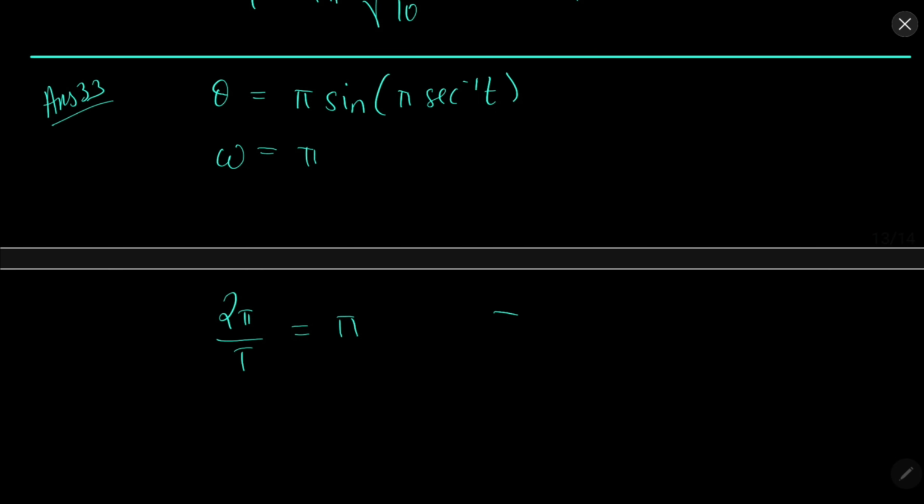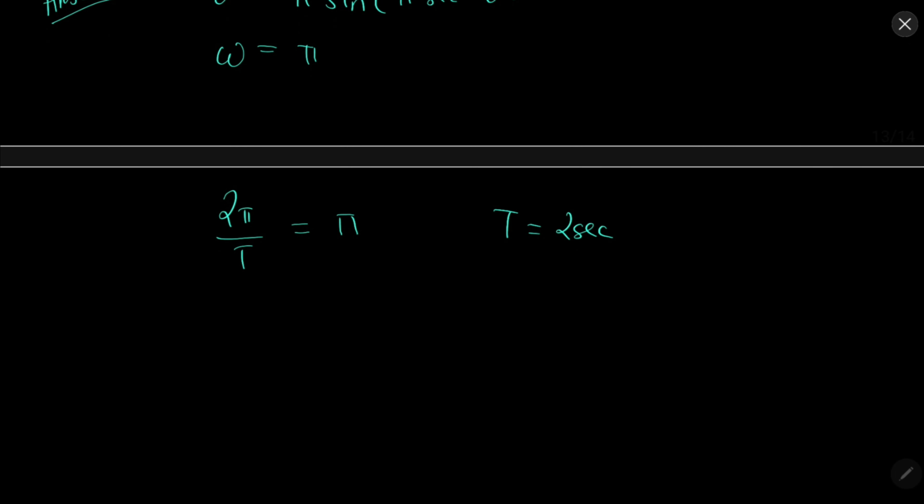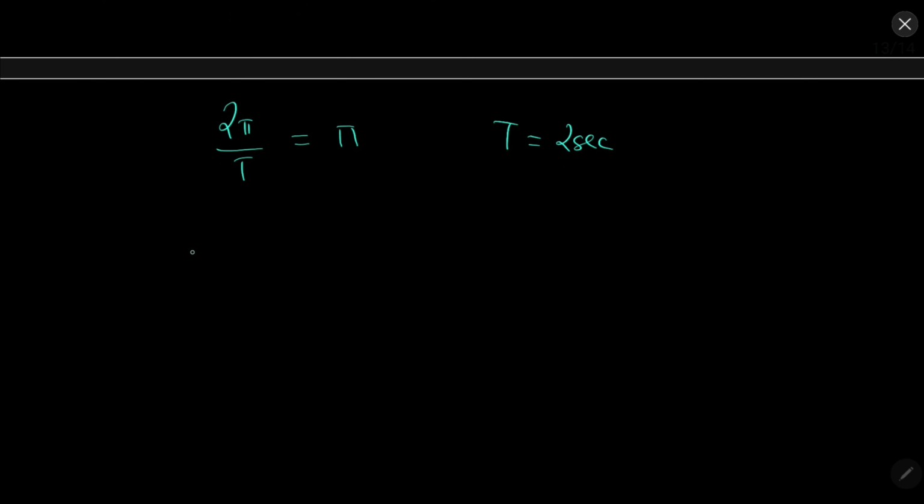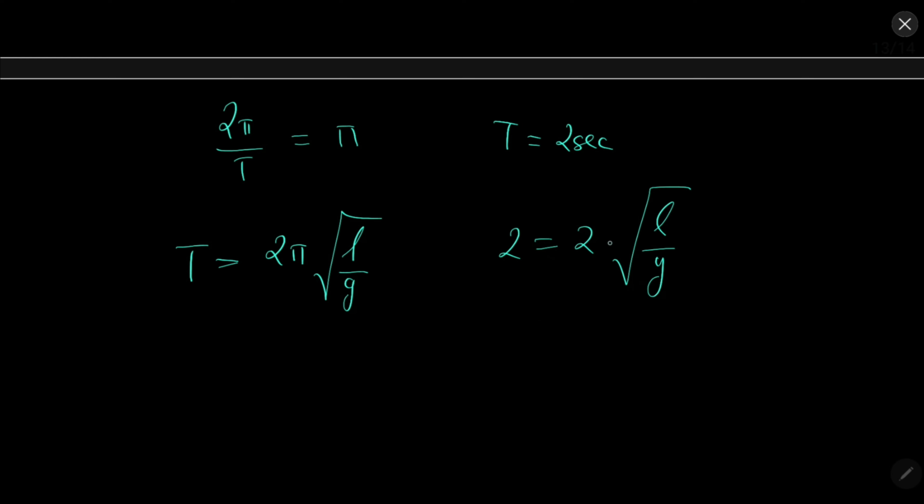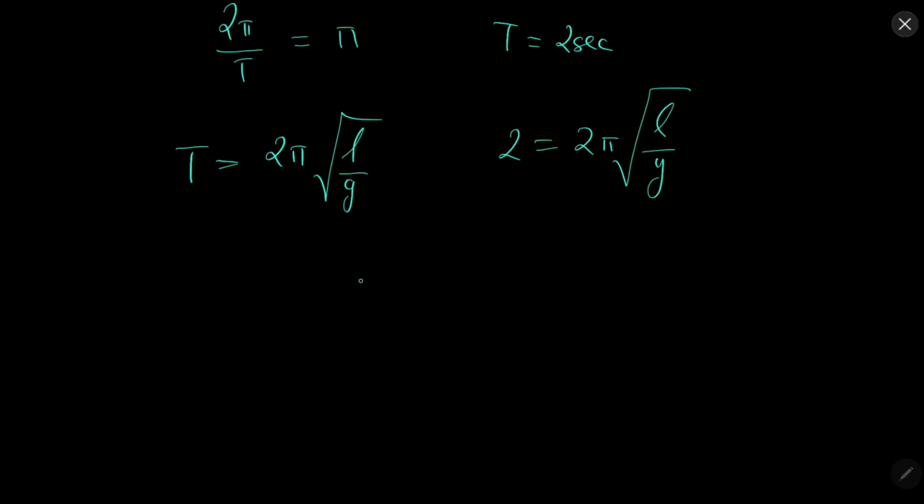So T will be 2 seconds. So T equal to 2 pi root L by g. So from this we can find the length. Length will come out to be around 1 meter.